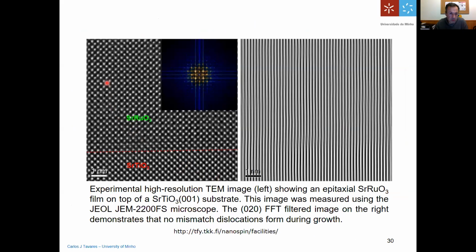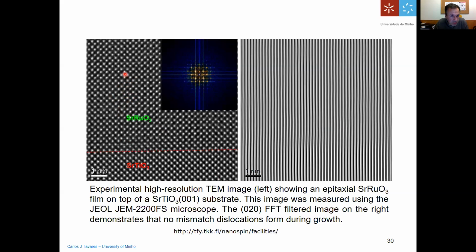You can just check if you have good coherence between your substrate and your thin film. For example, you can use Photoshop or a software for making a Fourier transform of an image, or you can use, for example, I forgot the name of this software which can be used for image analysis. It starts with a J, but okay.